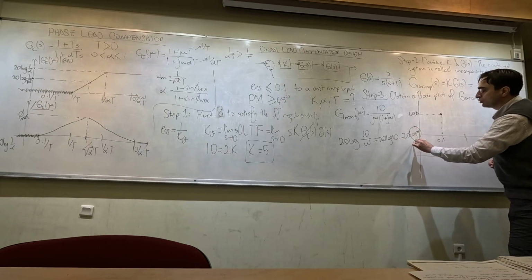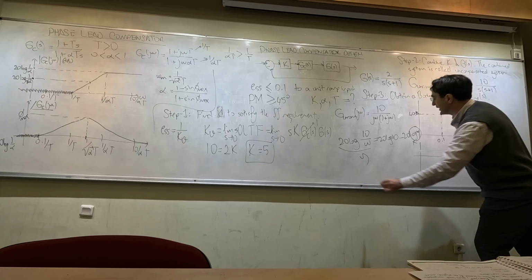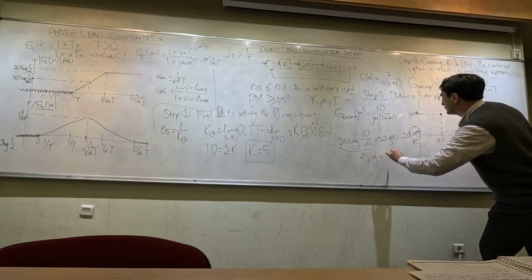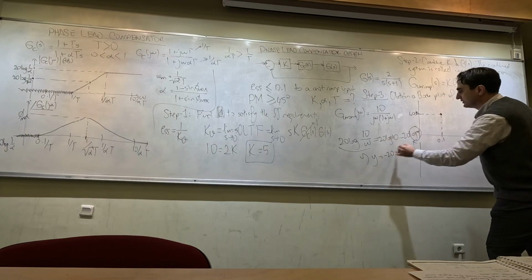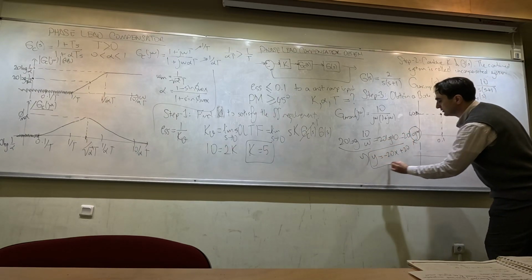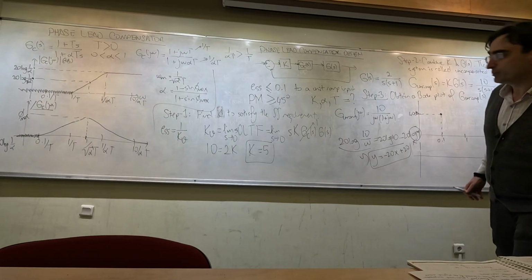If I call log omega x, and this thing y, then y is equal to minus 20x plus 20. This is just a line with slope minus 20 dB per decade.